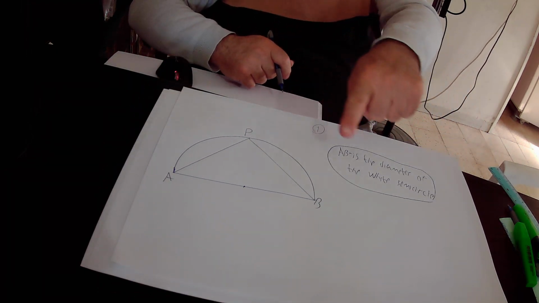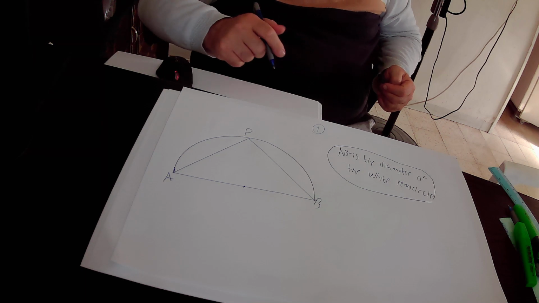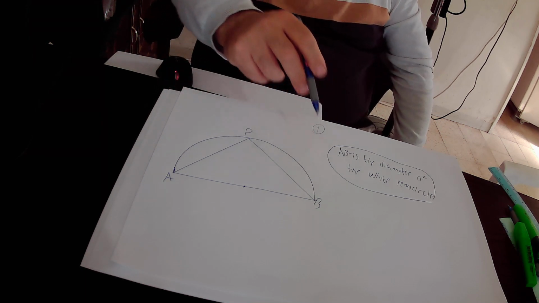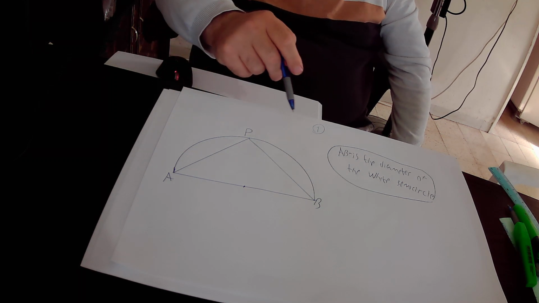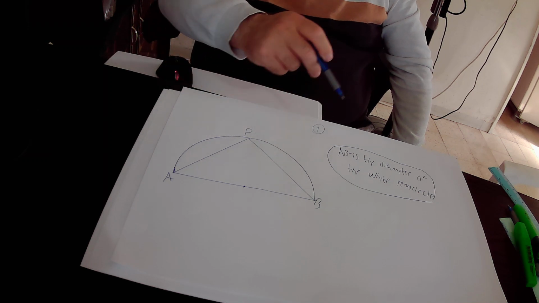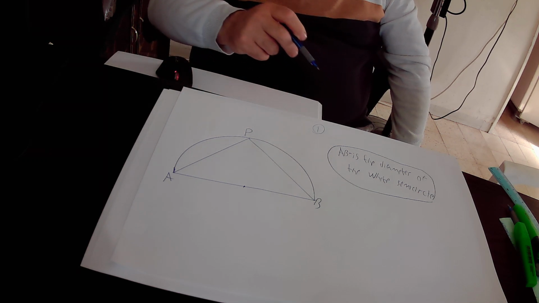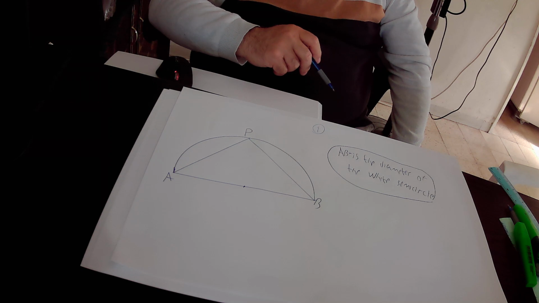By joining points P and B together by a straight line, we can deduce peripheral angle APB. This is peripheral angle APB, and peripheral angle APB is subtended on AB. This is the diameter of this semicircle.